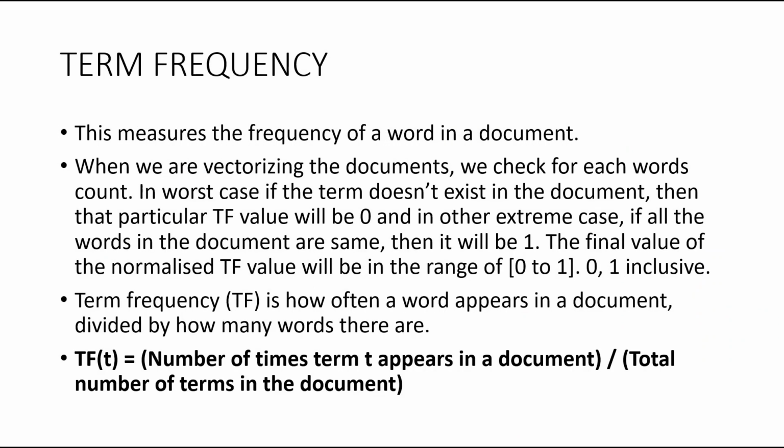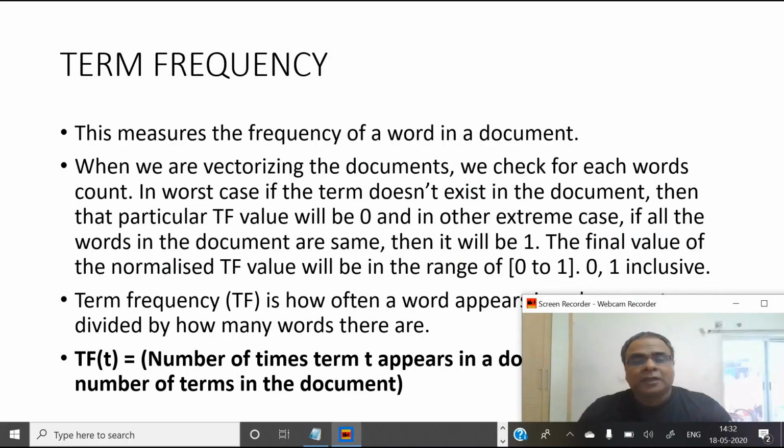Let's try to understand term frequency. This is very simple. Term frequency measures the frequency of a word in a document. When we are vectorizing the documents, we check for each word's count.